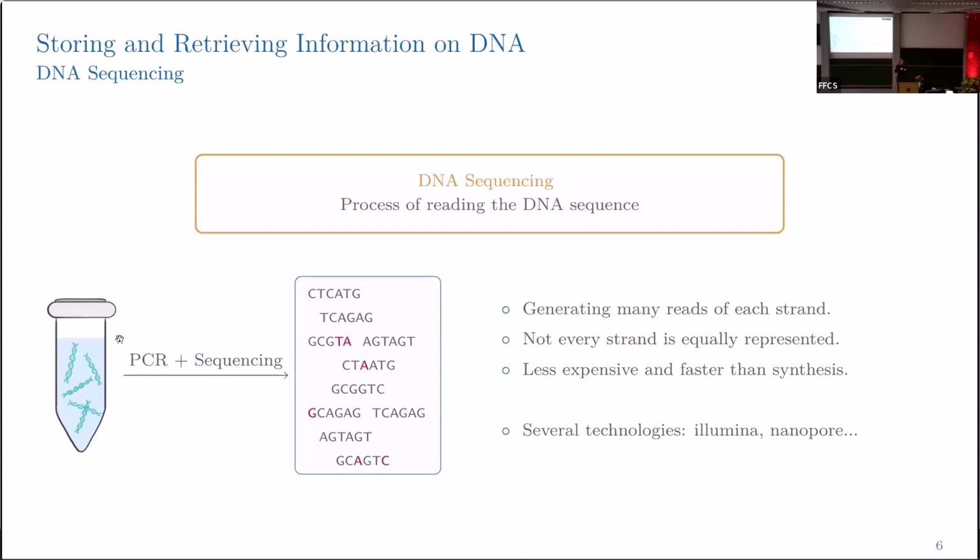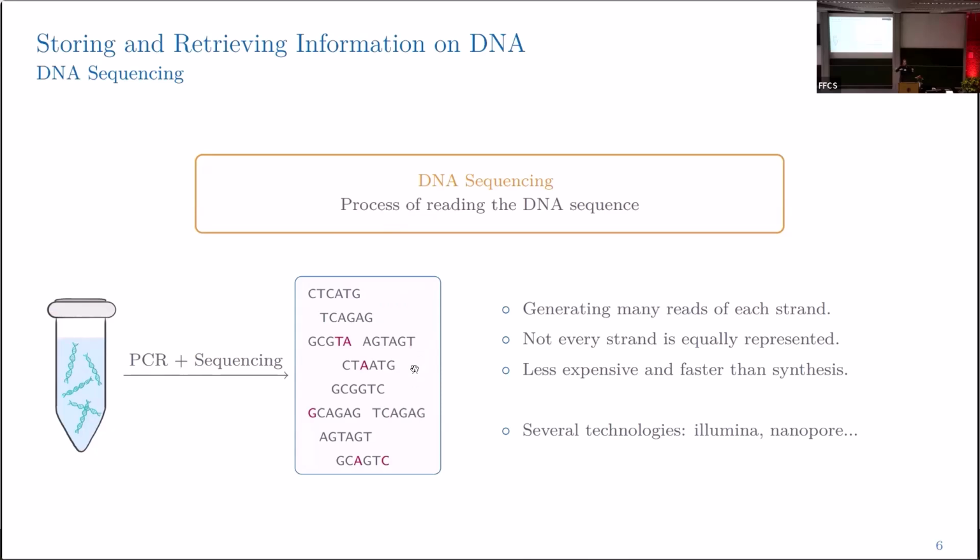Now, luckily, this is a bit less expensive than synthesis, still expensive, and a little bit faster also. And again, of these thousands of copies, we generate thousands of reads. And also not every read is equally represented because PCR has some bias on certain strands.